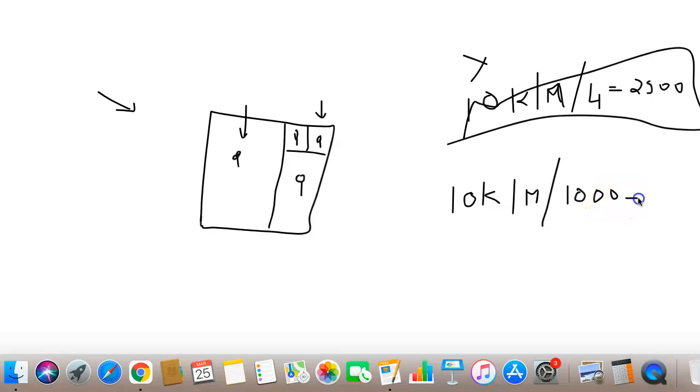So you find out what was the rent per square feet. Okay, so the rent is 10,000 for 1,000 square feet. So the rent for 1 square feet is going to be 10.